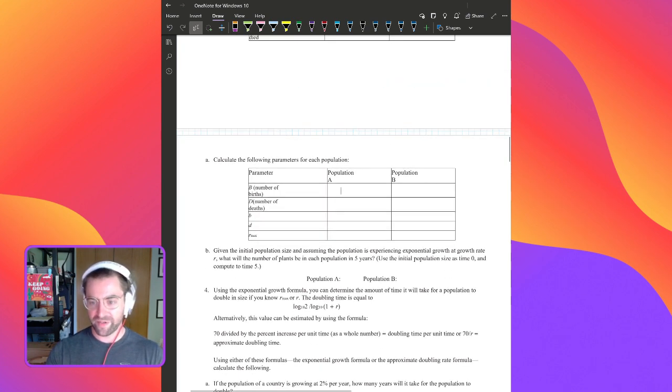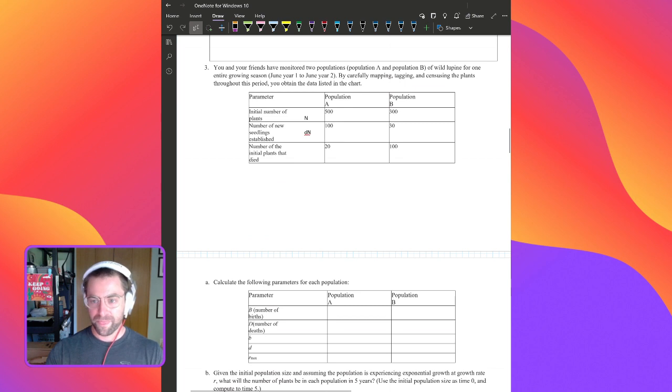All right, number of births, raw number of births. Population A, we have number of new seedlings established, 100 out of 500. We have number of initial plants that died. So this is pretty simple. That looks like 100 to me. We have the number of deaths. Number of deaths appears to be 20.